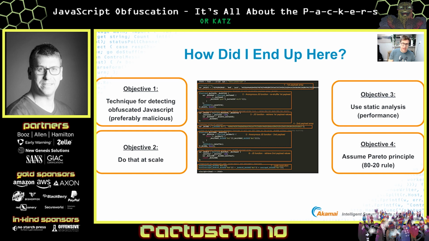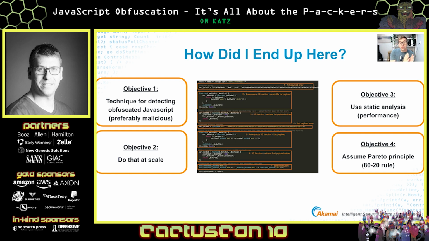And the last objective, which is an important one, was my assumption of the Pareto principle, which means, in other words, I'm not here to detect any kind or any variation of the ability to use JavaScript obfuscation. It's about using our ability to map the most used, the most popular JavaScript packers. Packers are the software being used to obfuscate a given JavaScript code.